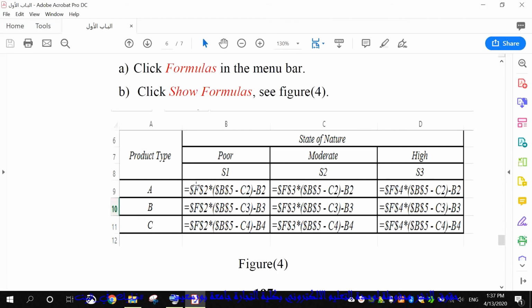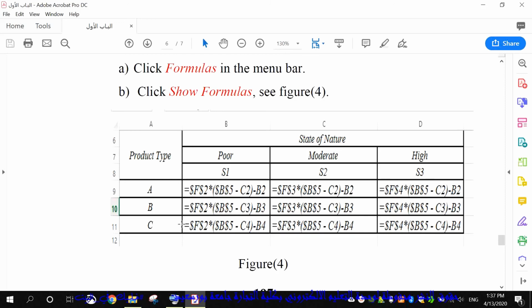So the reason that we have to put a $ sign before F and a $ sign before 2 is to keep F2 constant after clicking and dragging the autofill. Similarly for the cell B5. In case of moderate here, the number of units changes from F2 to F3.